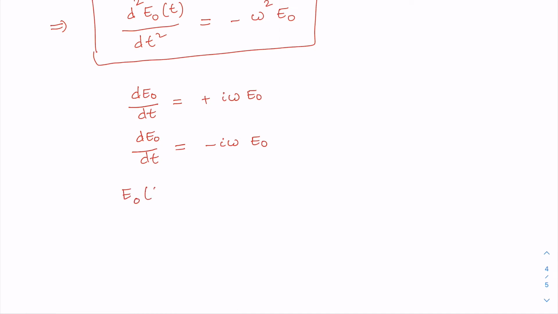So E0 of t, I can write the solution as E0 at time t is equal to E0 at time 0 times e to the power plus minus I omega t.